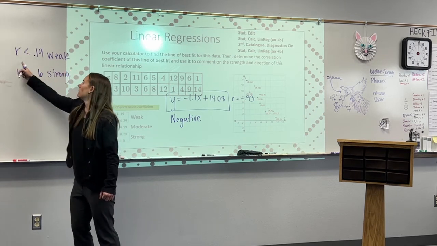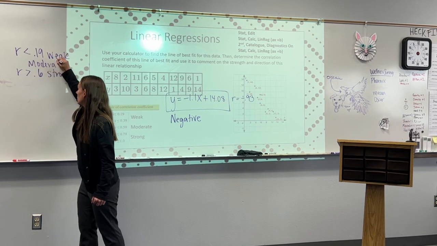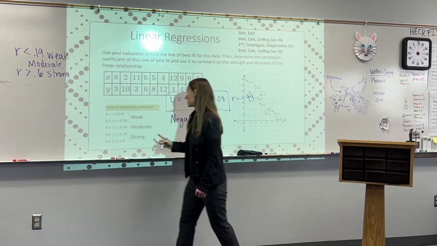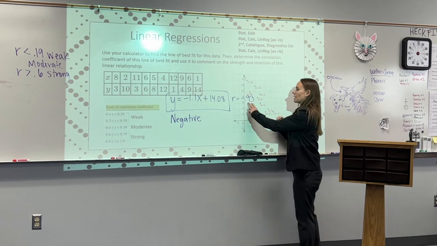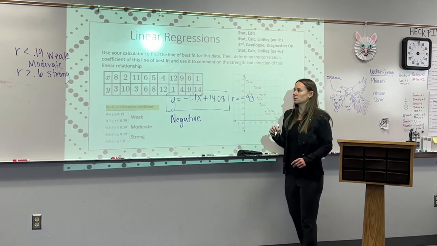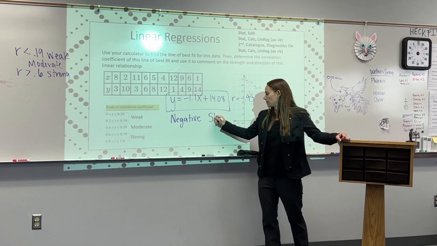Anything in the middle of that is considered moderate. So because, and again, you're ignoring the negative because the negative is telling you that it's a negative correlation. So really we're saying 0.93, is that gonna give us a weak, moderate, or strong correlation? Strong.